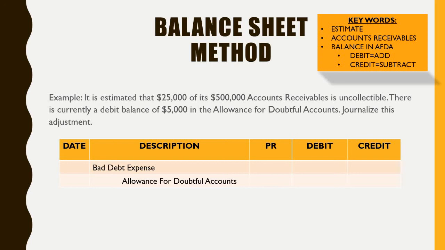So when we're looking at bad debt, when we transfer it during the period into the allowance for doubtful accounts, that is the reason why we have an account balance in the allowance for doubtful accounts.